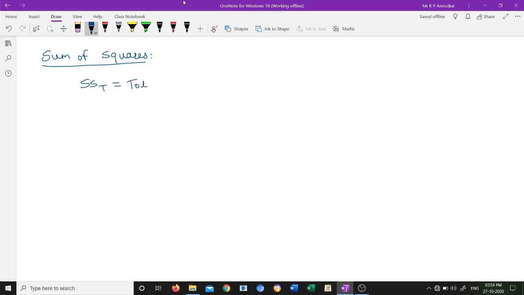SST means total sum of squares. And the total sum of squares is obtained by using this formula: summation i equals 1 to A, j equals 1 to B, Yij minus Y bar dot dot, whole square.